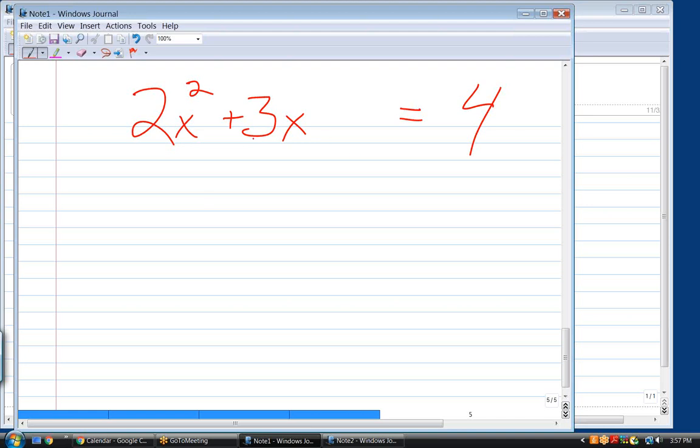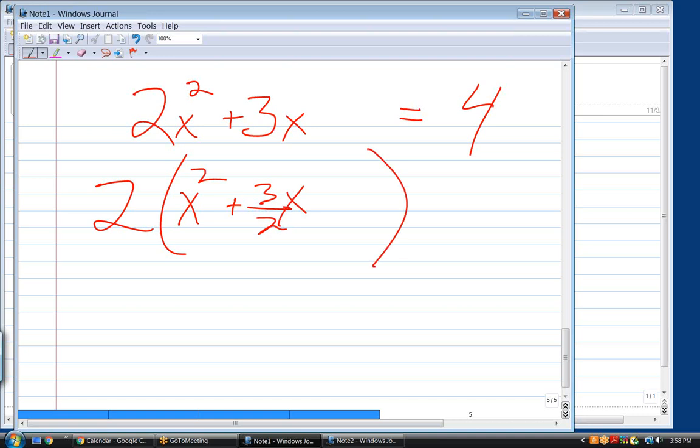What's the first step in completing the square? Factor out the 2. That's what I'm doing. Okay, in other words, you can only complete the square if you can get that first coefficient to be 1. Yep.